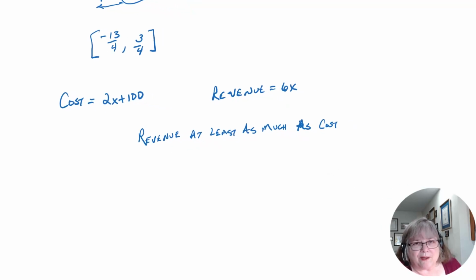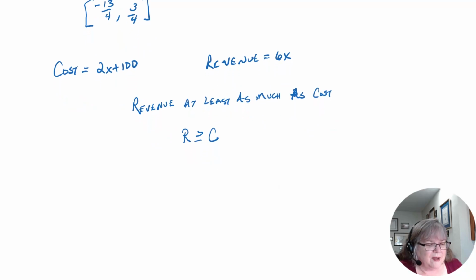But what I really want to do is to make a profit. So when is my revenue going to be at least what it's costing me to produce, and making more than that just makes a profit from every one in addition to that point. So you're saying, where is the revenue greater than or equal to the cost? So the revenue is 6x and the cost is 2x plus 100.